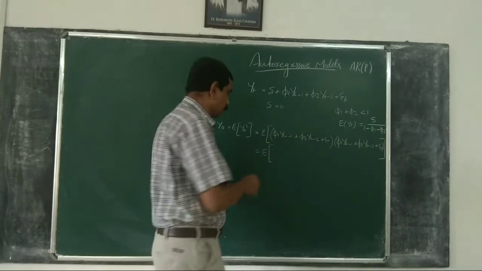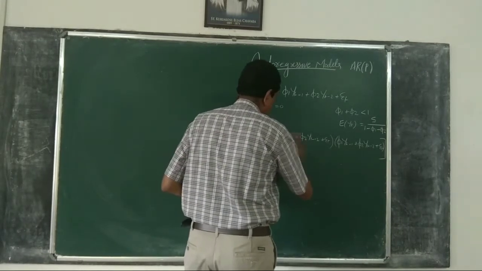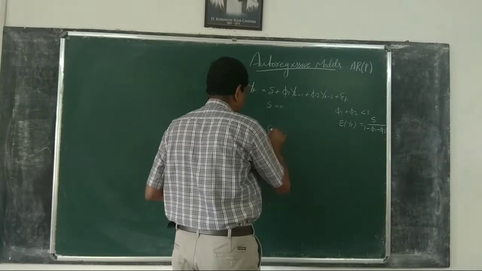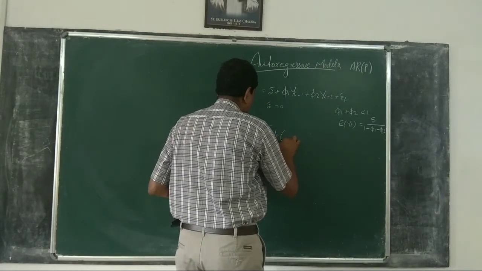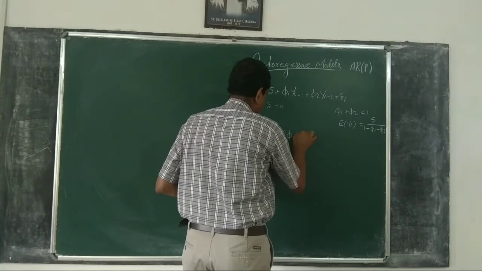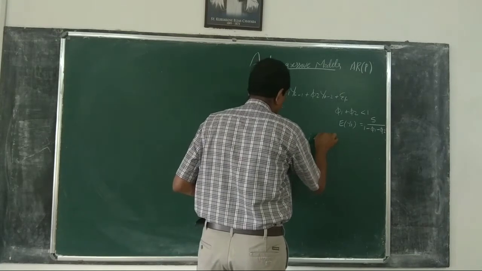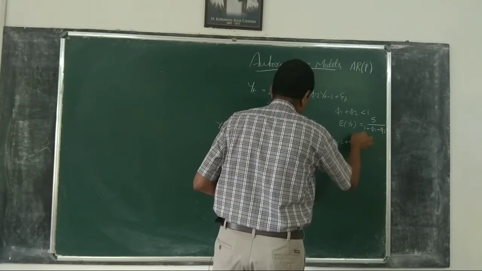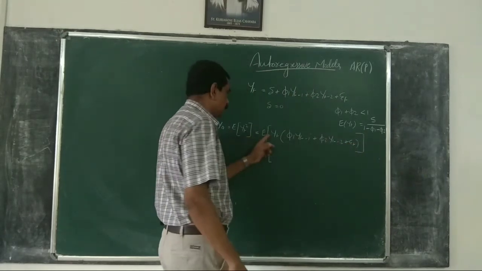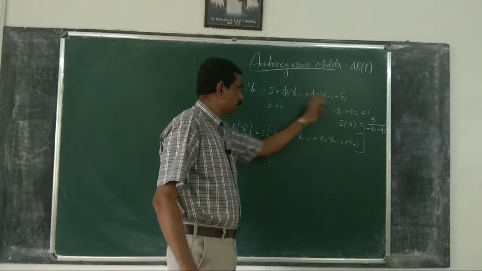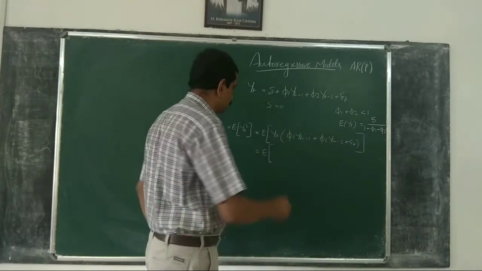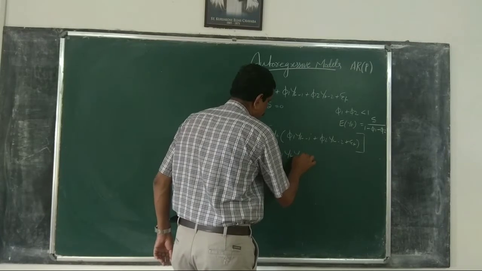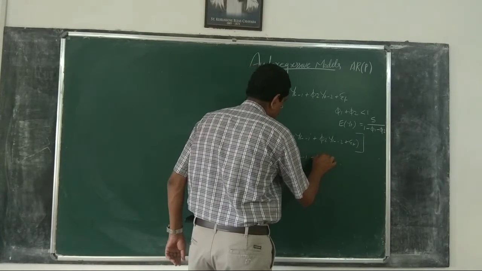It is more convenient to write it in a different format. Expected value of yt into phi1 yt minus 1 plus phi2 yt minus 2 plus epsilon t, where one yt is substituted, delta is equal to 0.